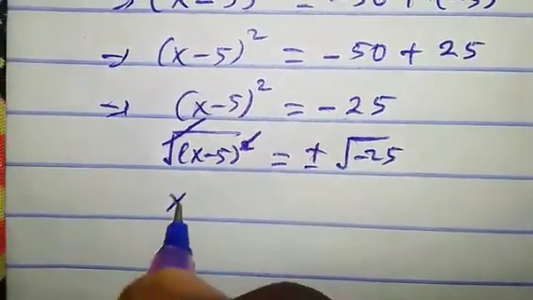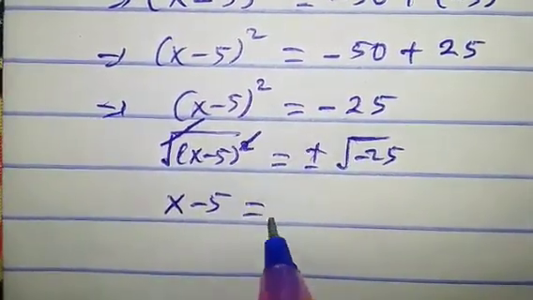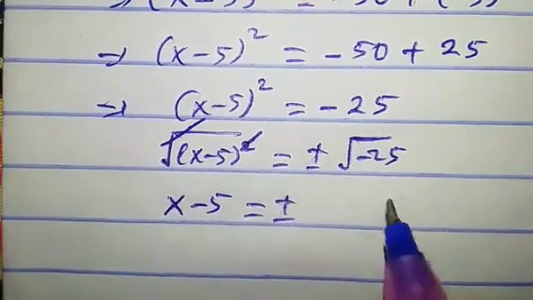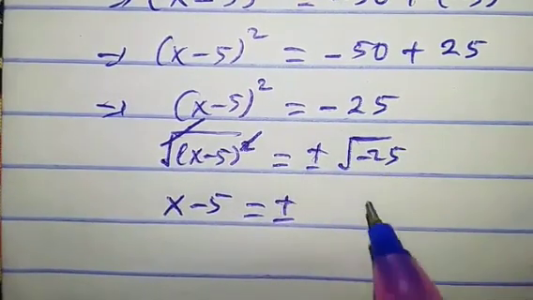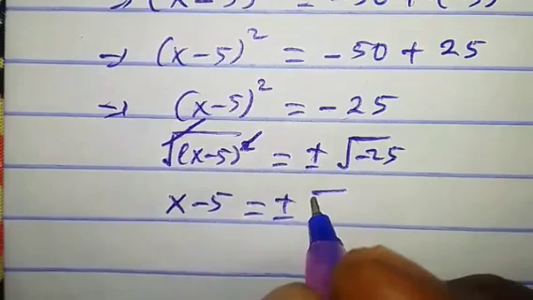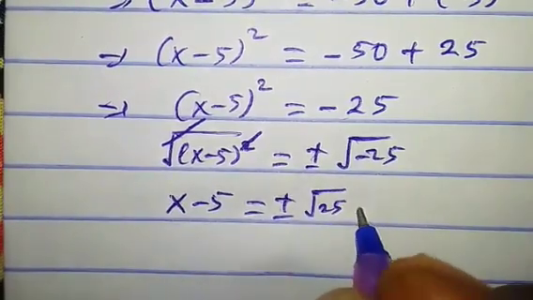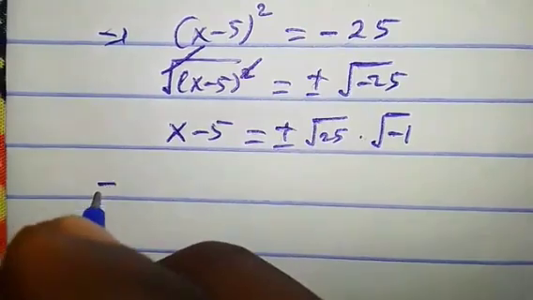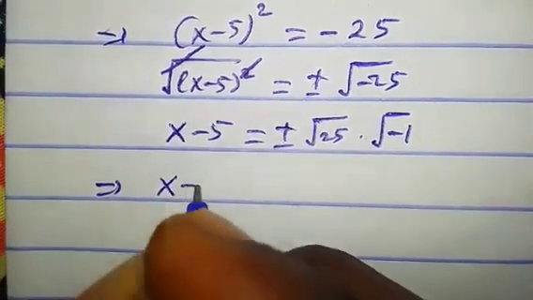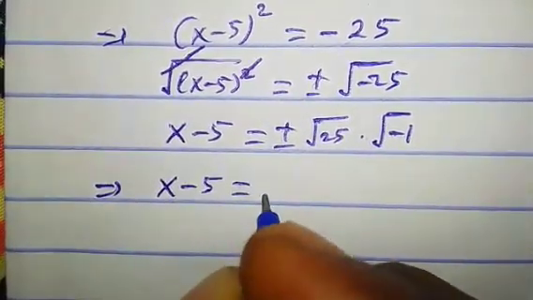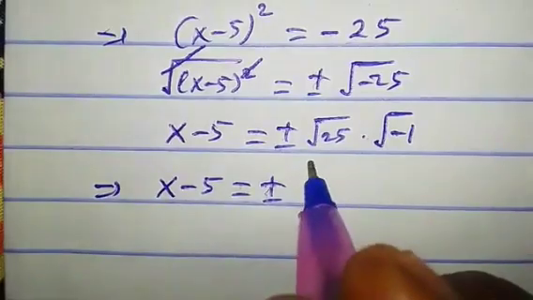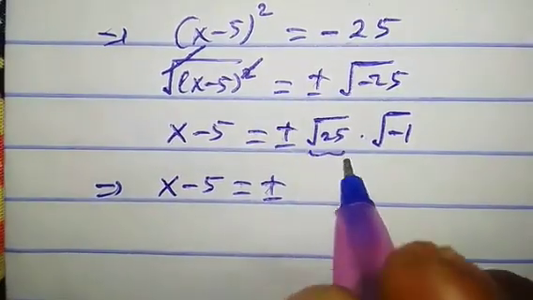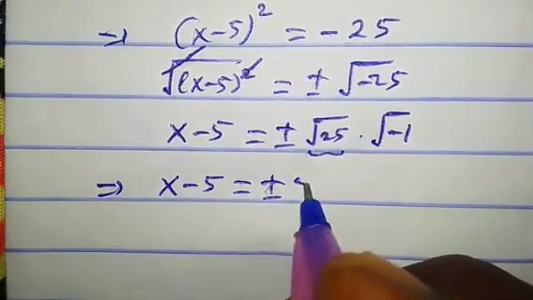We are left with x − 5 equal to plus or minus... I can rewrite the square root of −25 as the square root of 25 times the square root of −1. This implies that x − 5 is equal to plus or minus, what is the square root of 25? That is 5.